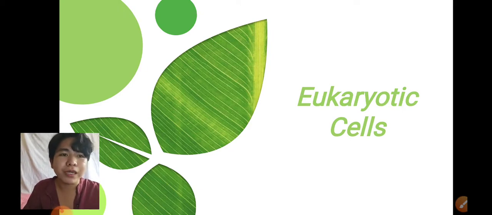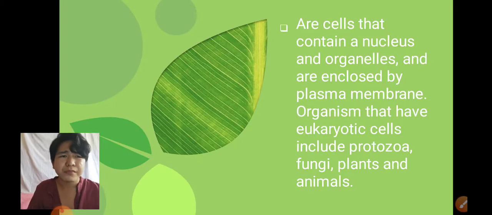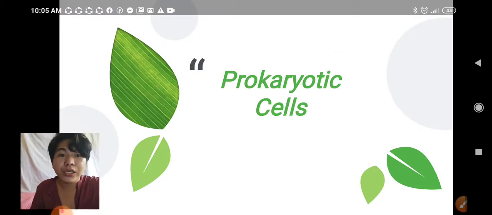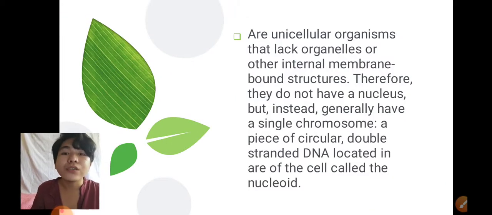So let's compare eukaryotic and prokaryotic. Let's start with eukaryotic. Eukaryotic cells contain a nucleus and organelles and are enclosed by a plasma membrane. Organisms that have eukaryotic cells include protozoa, fungi, plants, and animals. While on the other hand, prokaryotes are unicellular organisms like bacteria.